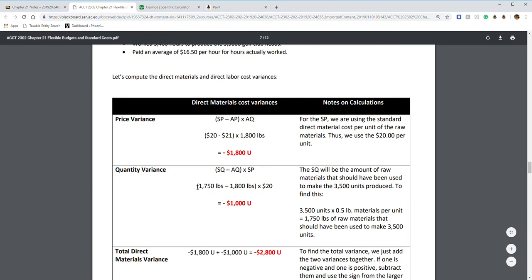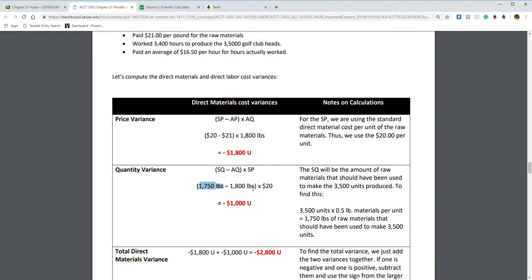When we do this, our standard would have been 1,750 pounds. And as we can see, our actual again beats it out. So this is going to be unfavorable because it's going to be a negative number. And then times the standard price of $20.